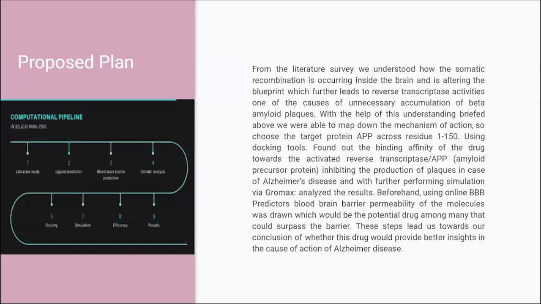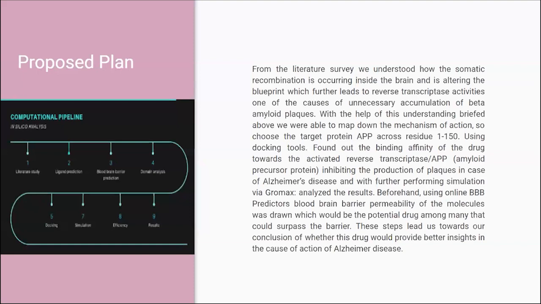So we have chosen the target protein APP, across residues 1 to 150, since the APP protein is 750 residues long. We have chosen this starting point because wrong cleavage at that point leads to the formation of amyloid plaques. So that's why we have chosen that portion.